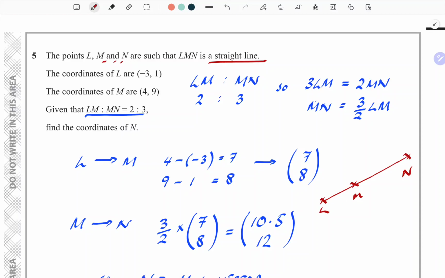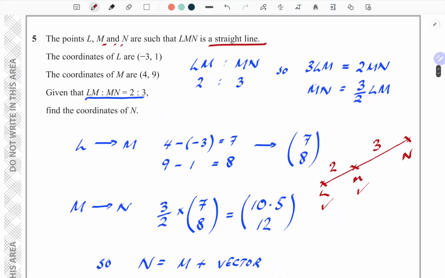So on a straight line. And then they give us the coordinates of L and M. So we know L, we know M. And then they give us a ratio of the distance from L to M to the ratio of M to N. So that's actually 2 to 3.